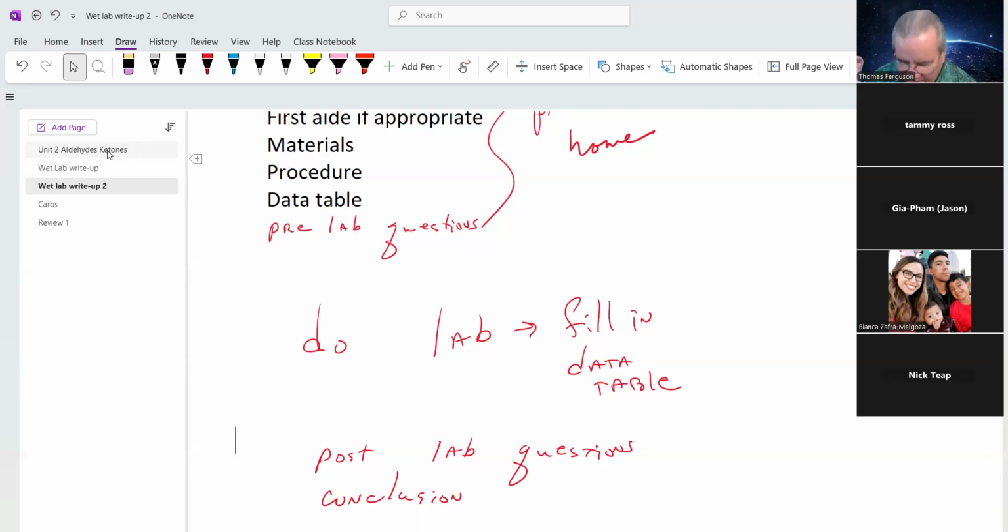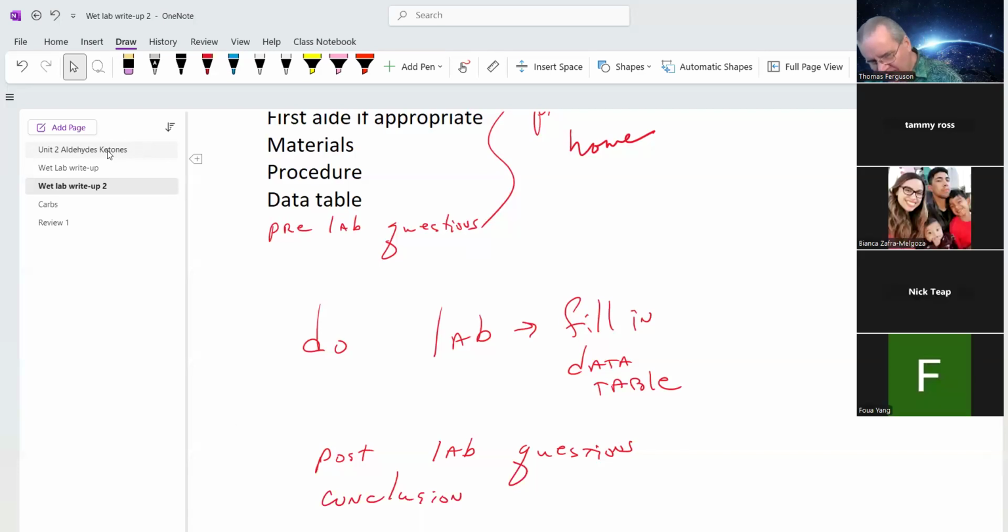Everything goes into your lab book. Like in 305, a lot of the teachers just had you fill in some questions, and that was it. This is a formal write-up.